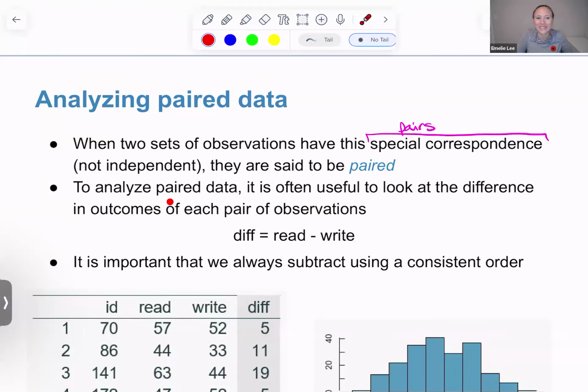To analyze paired data, we look at the difference in the outcomes of each pair of observations. For example, we calculate the difference, which is the reading score minus the writing score for each individual. Of course, you don't want to mix up how you're subtracting; you have to use a consistent order.